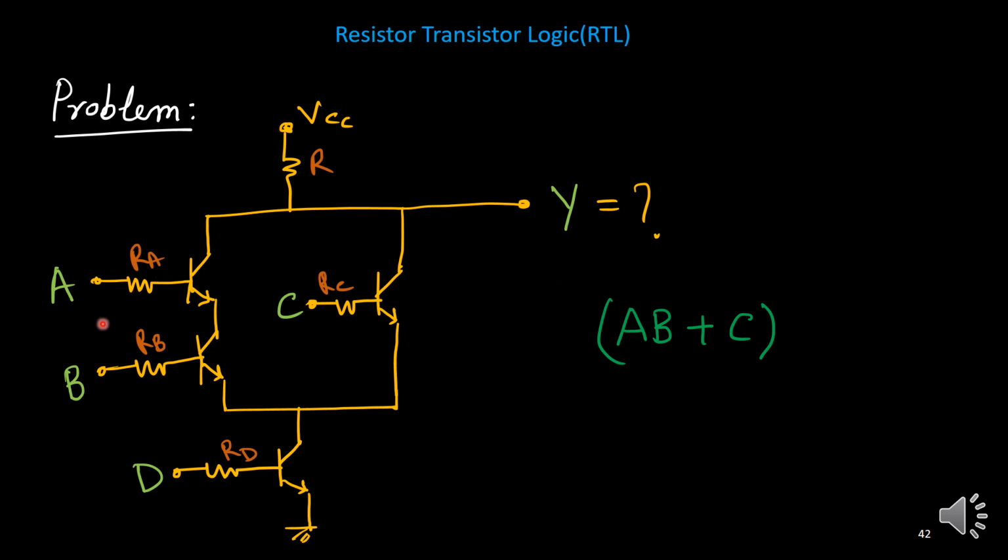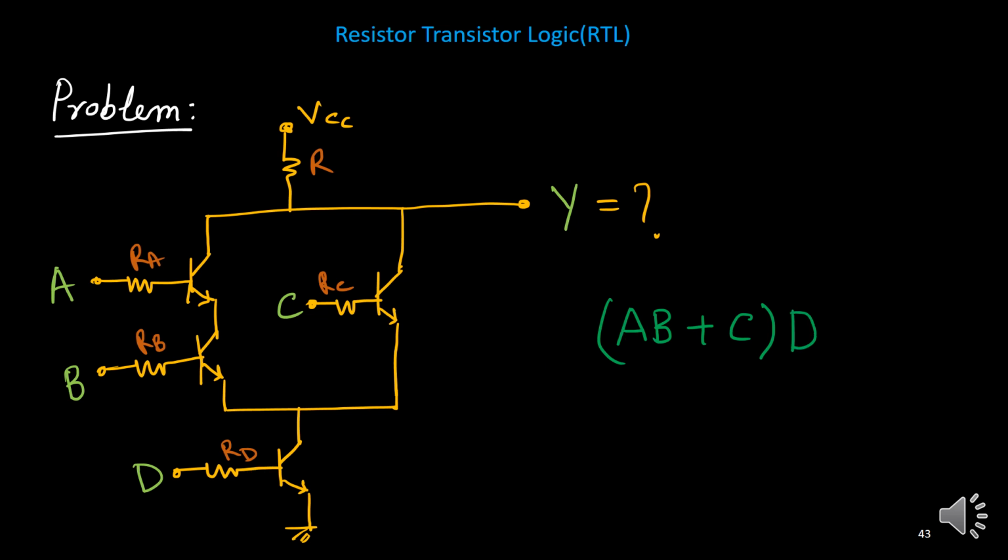So this path, AB or C, if anything is shorted, then we would consider that D is connected in series with this one. This is one block. With this block AB plus C, D is now connected in series, so it's an AND operation. So with this, D is multiplied.